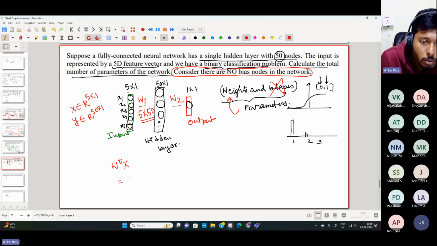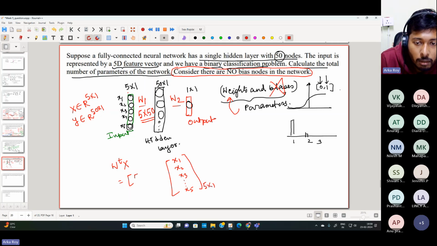So X is x1, x2, x3 up to x5, which is 5 cross 1, and if you take W transpose, it will be a matrix of shape 50 cross 5.